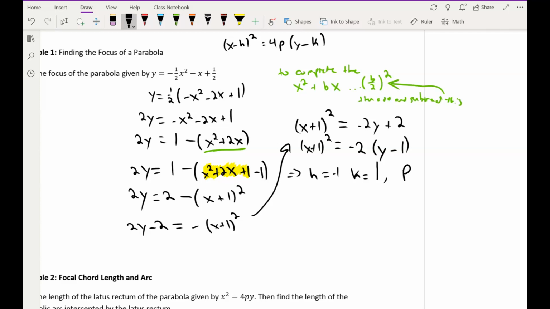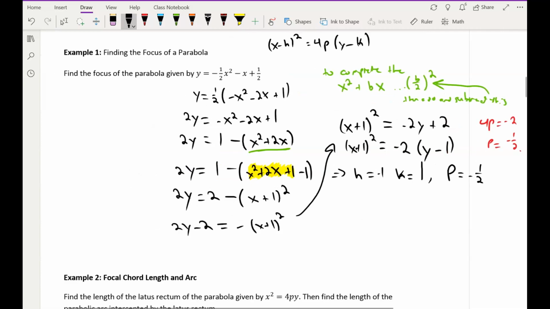We're saying 4 times p is -2, and if you don't want to do this in your head, 4p equals -2. That implies that p is going to equal -1/2 if you divide by 4. So p equals -1/2. And we want our focus.